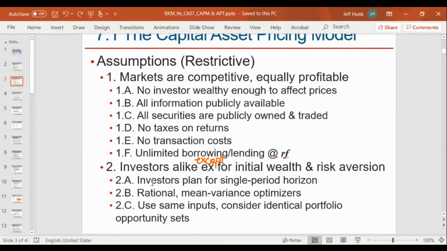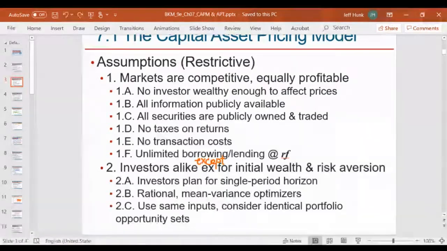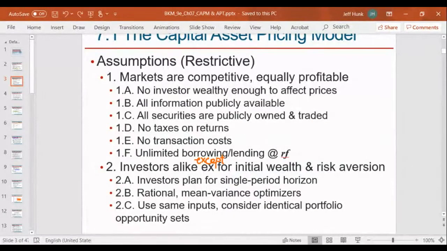CAL. Now, investors plan for a single period horizon. Also, a multiple horizon model can be an extension. You can extend this period to multiple.